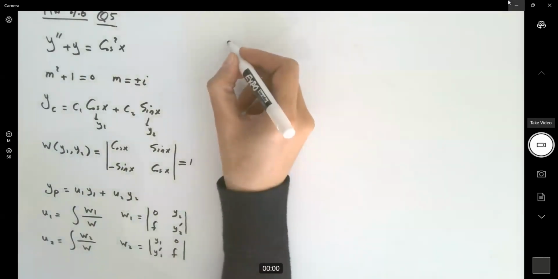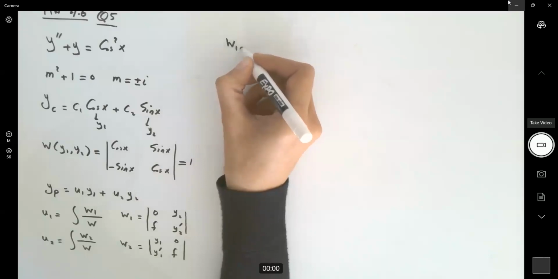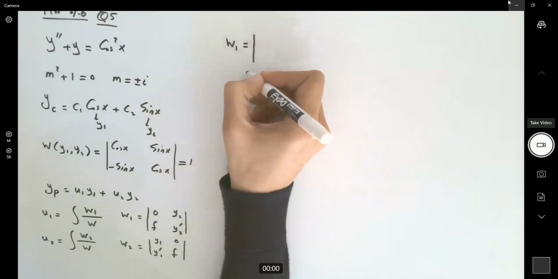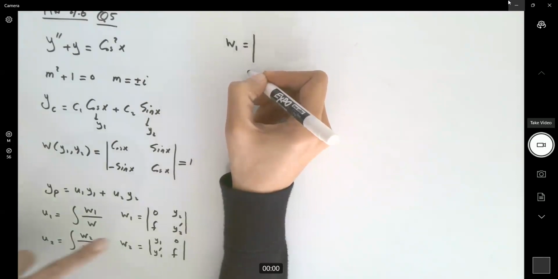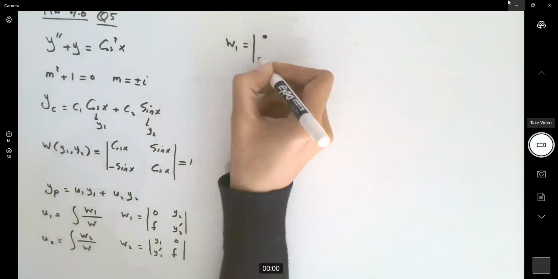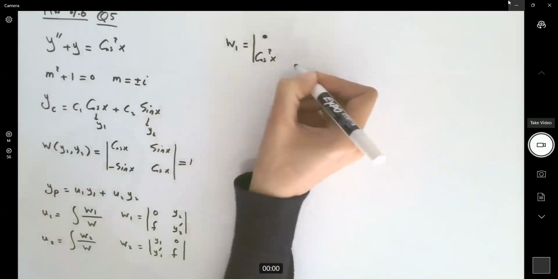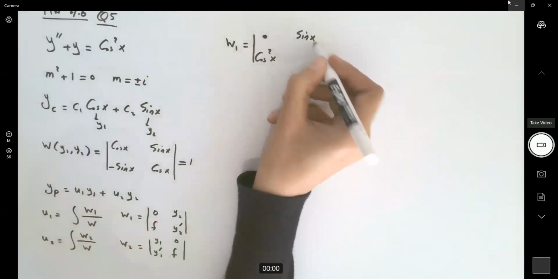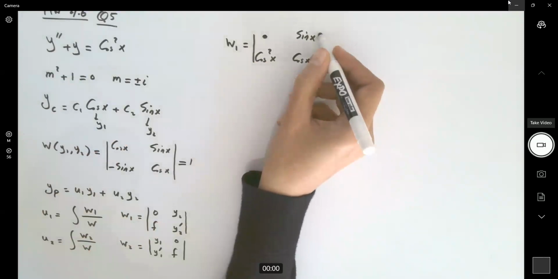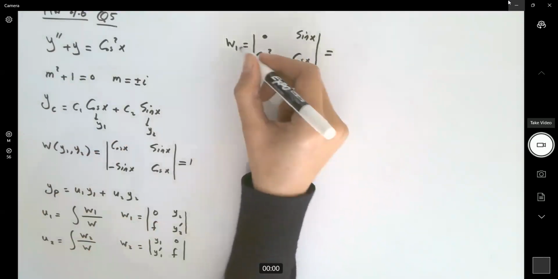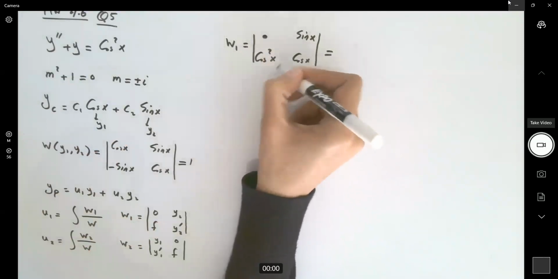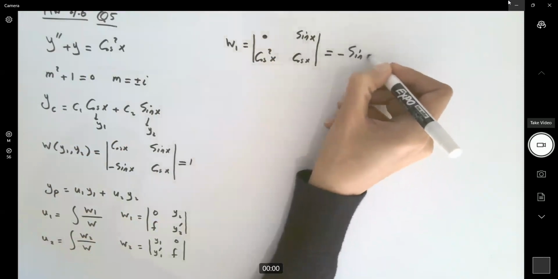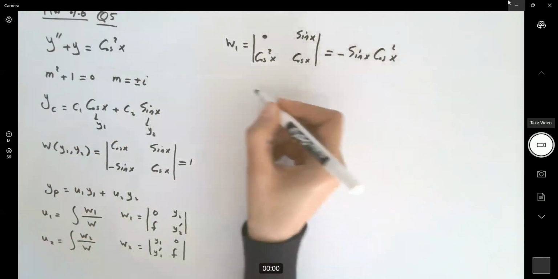Let us start by finding u1. To find u1, we need W1, which is the determinant of 0 and f of x, which is cosine squared of x, y2 is sine x, and its derivative, which is cosine x. As you can see, this determinant is 0 minus sine x cosine squared of x.